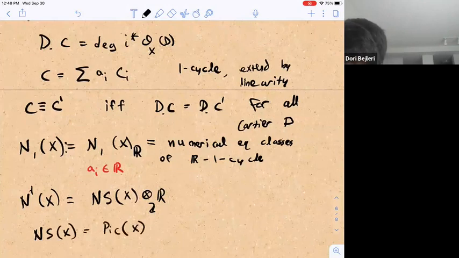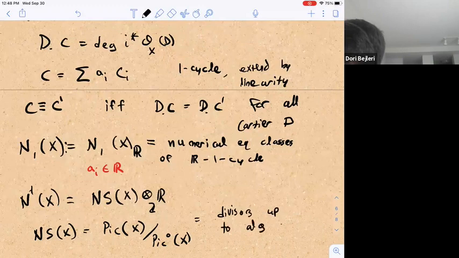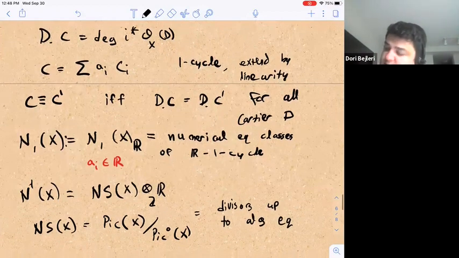So we can write it as Pic X mod Pic 0 of X. Algebraic equivalence is exactly the equivalence of modding out by the connected component of the identity of the Picard group. So that's what this Pic 0 is.